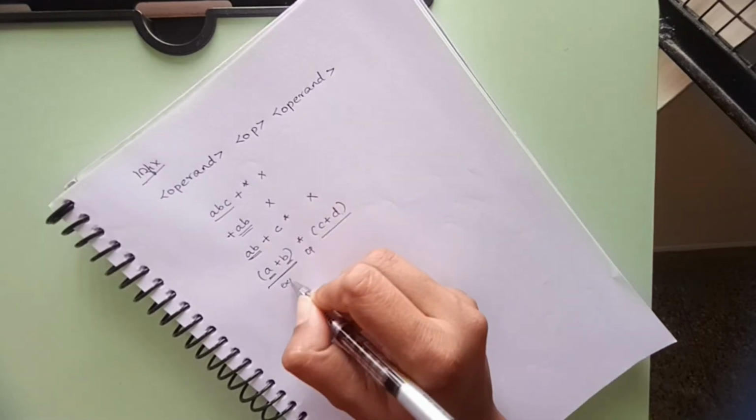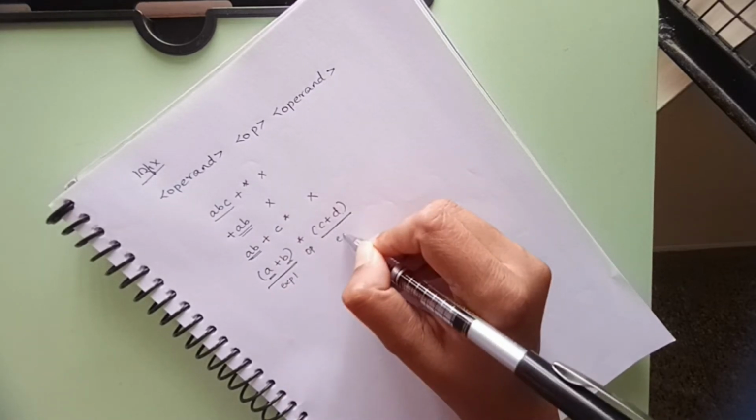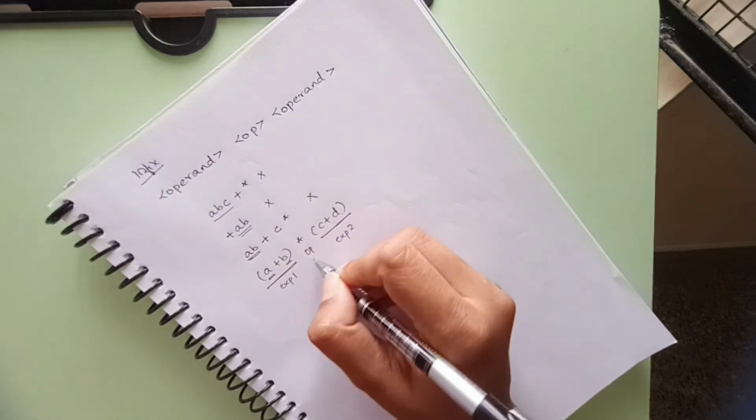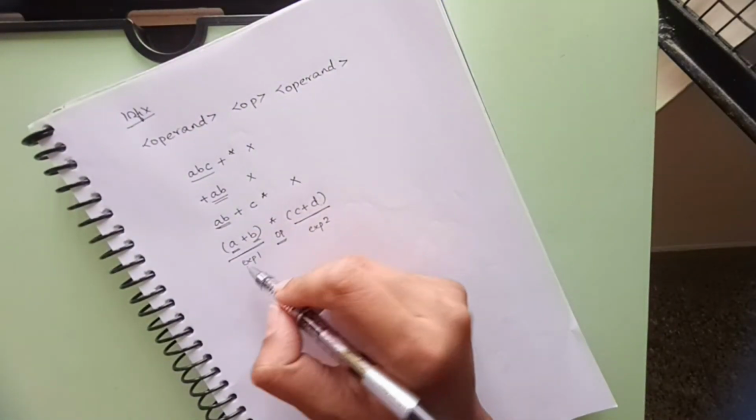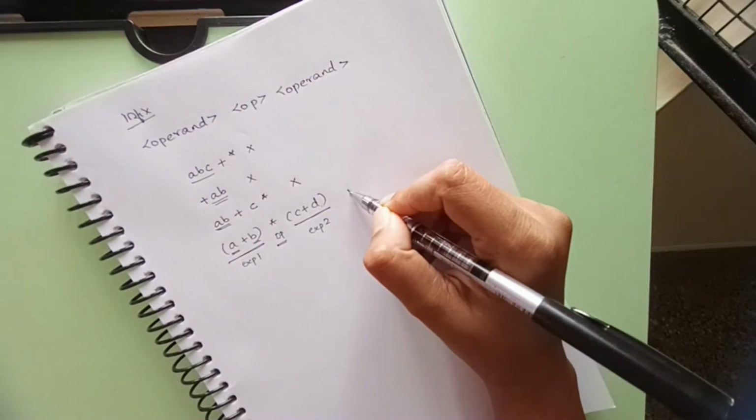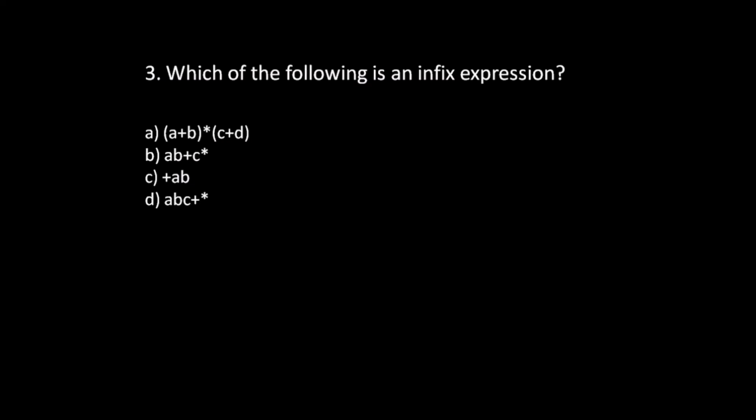We consider this as expression 1 and this as expression 2. In between these two expressions we have another operand. So in all these cases we have an operator between operands. Therefore this is an infix expression. To remember: in an infix expression no two operands will come together. So the answer is option A.